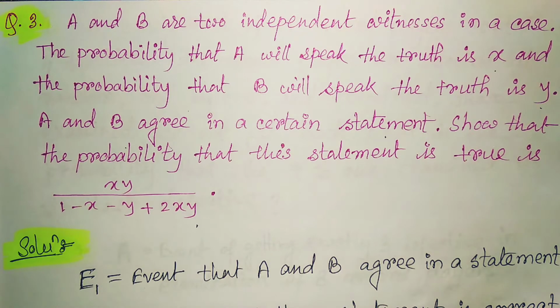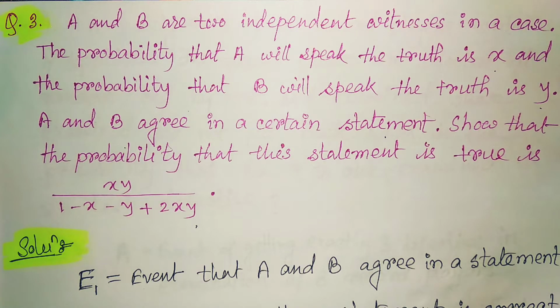So what is the situation here? Two independent witnesses are there, A will speak the truth with probability x, and B will speak the truth with probability y. In a certain statement, A and B both agree. We are supposed to show that the probability that this statement is true is this one.